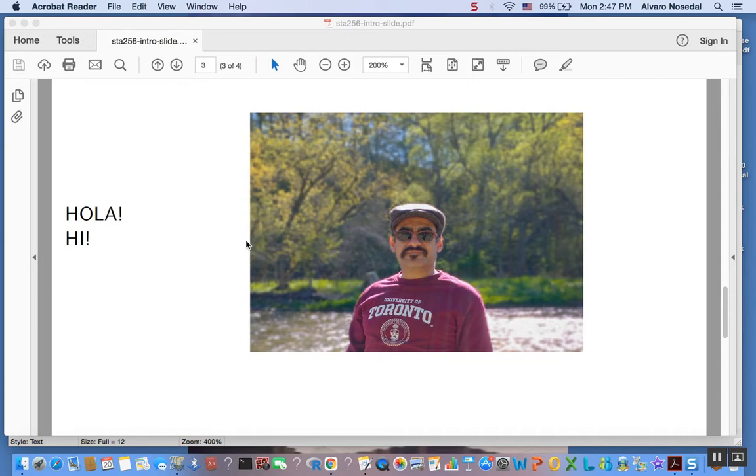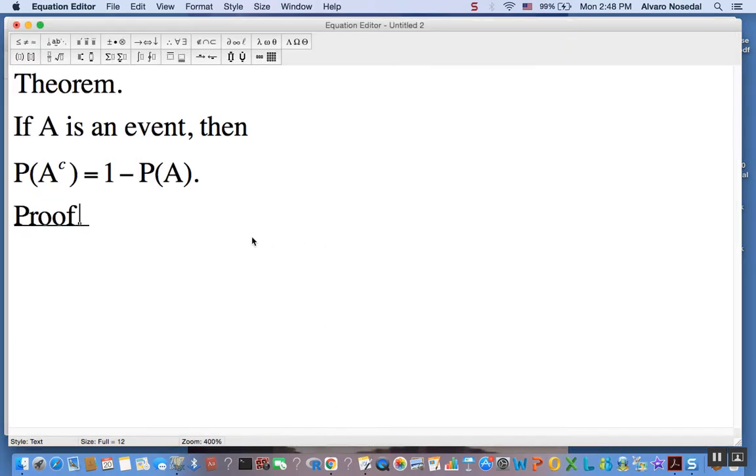It's going to be useful to find the probability of the complement of any event A. So this is the result that we're going to be showing here. We're going to give a mathematical proof of this result. Okay, here we go.